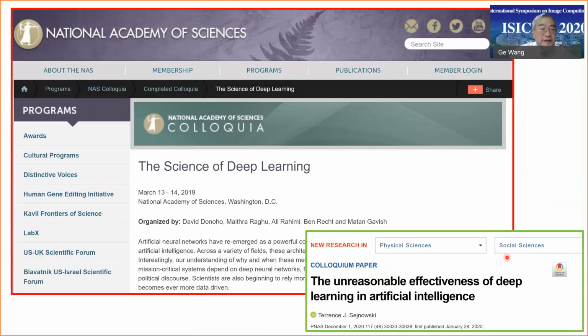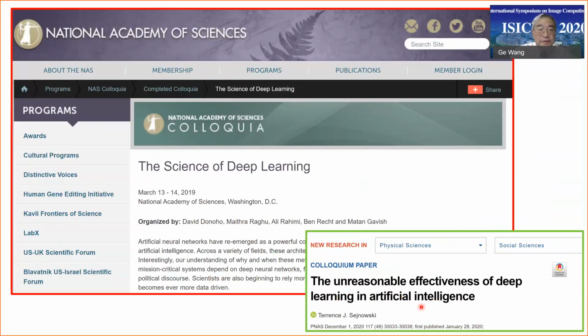A very important thing I would like to mention. Early last year, the National Academy of Sciences organized a symposium talking about the science of deep learning. After that, a special issue of PNAS was published, including about 10 papers. This is one interesting paper talking about the unreasonable effectiveness of deep learning in artificial intelligence.